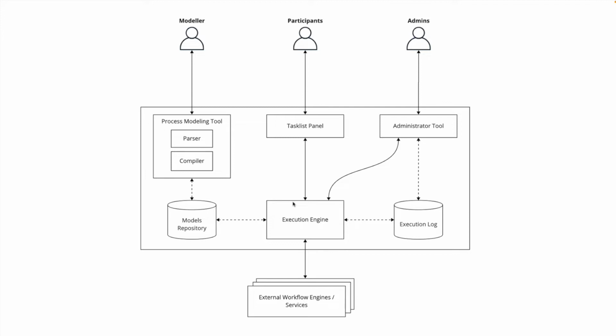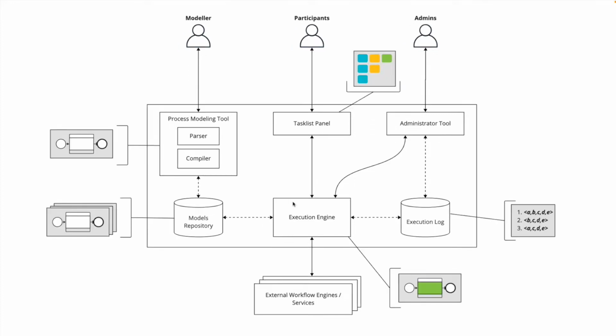Most of the processes are stored in the model repository, and then they get loaded into the execution engine. They get executed, and then the participant will be notified if they have any task to do. So that's basically how it is. The participant has a to-do list, and that's where the models are stored. Also, the execution log is needed by the admin for later use.